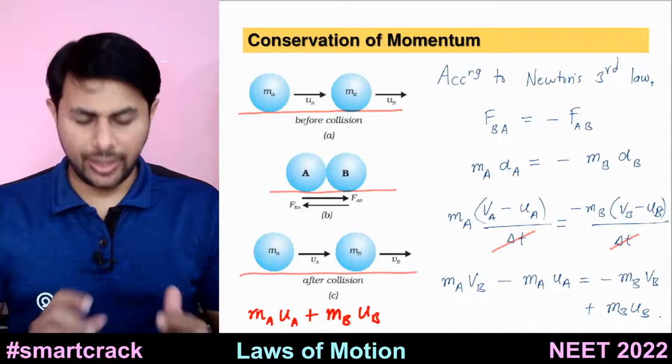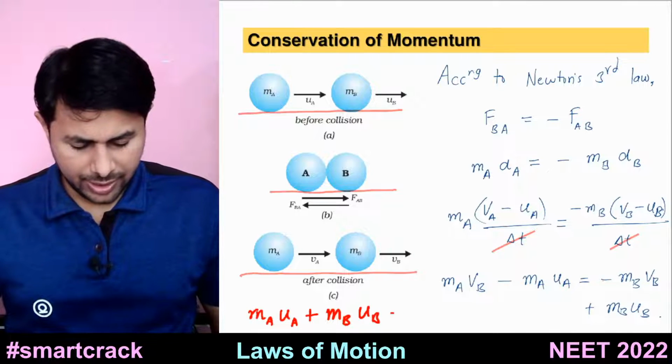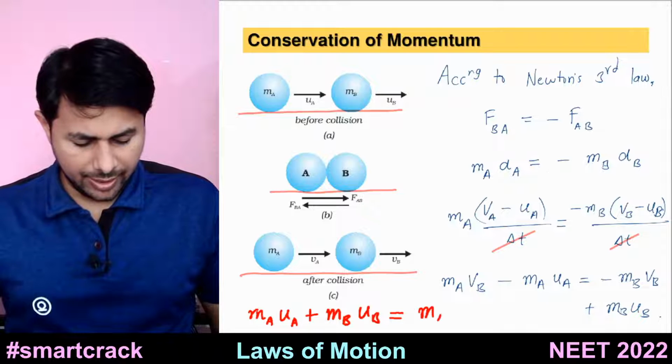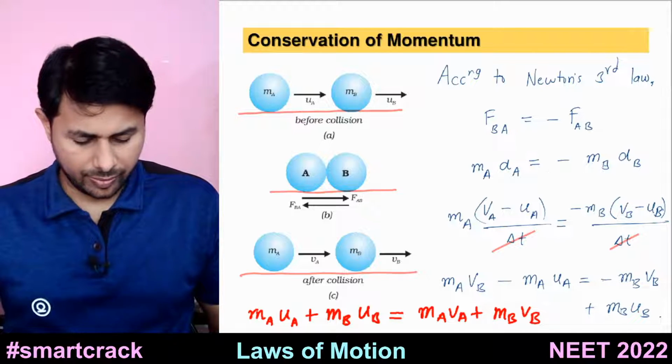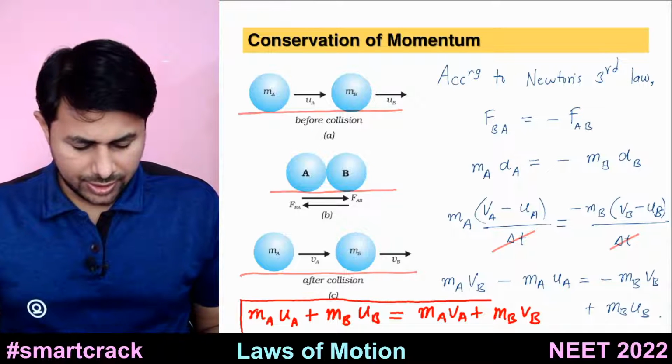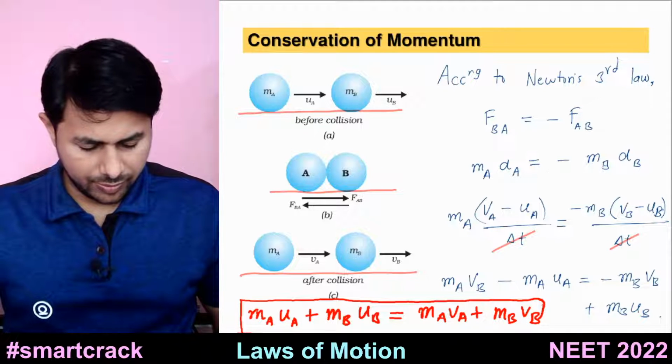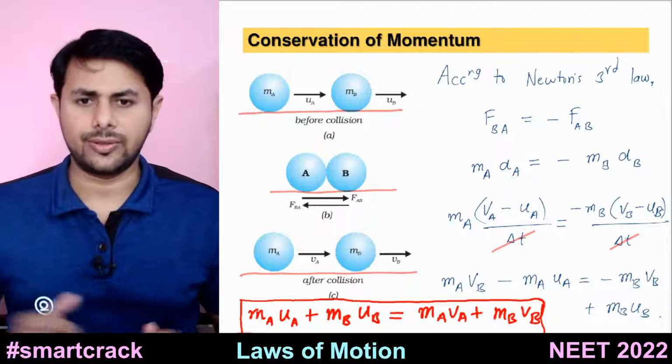So ma ua plus mb ub is equal to ma va plus mb vb. All right, so this is the law of conservation of momentum.